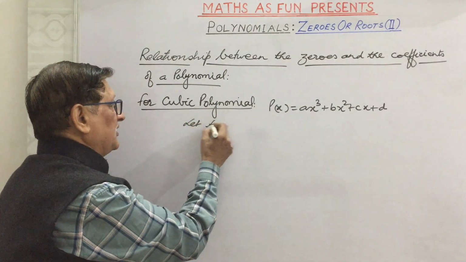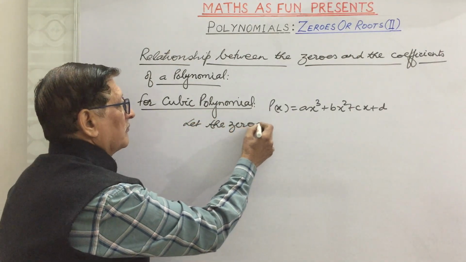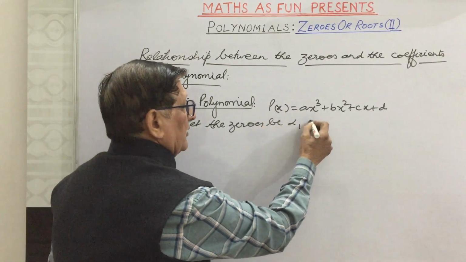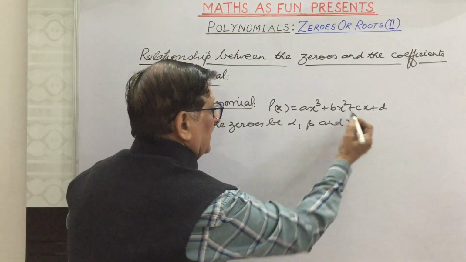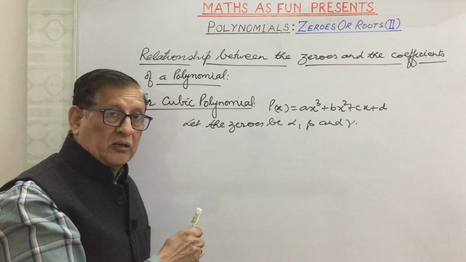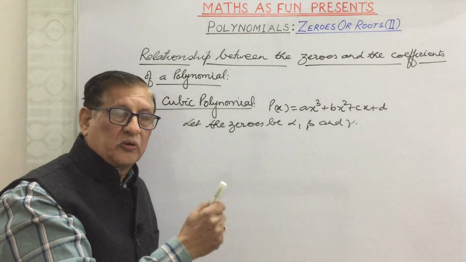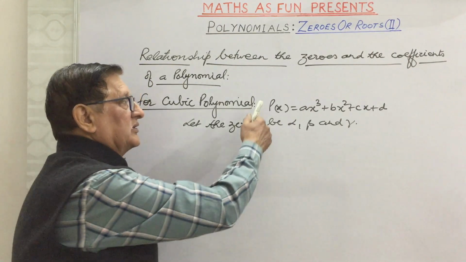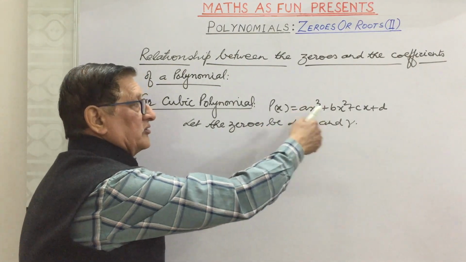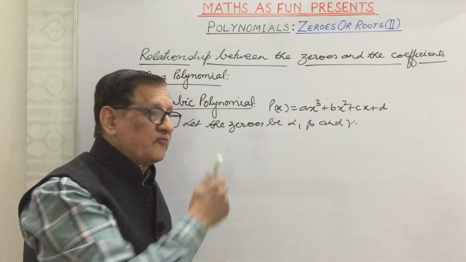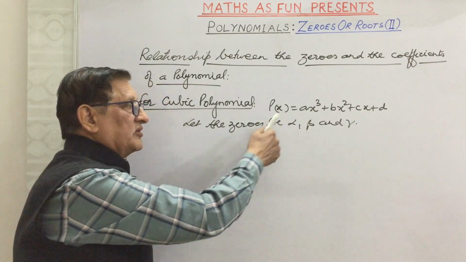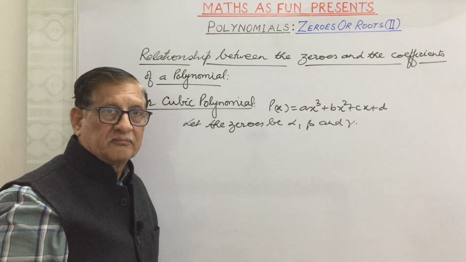Let the zeros be alpha, beta and gamma. Then similarly, as we found the relationship for the quadratic polynomial, we can find the relationship for the zeros of a cubic polynomial also with its coefficients.